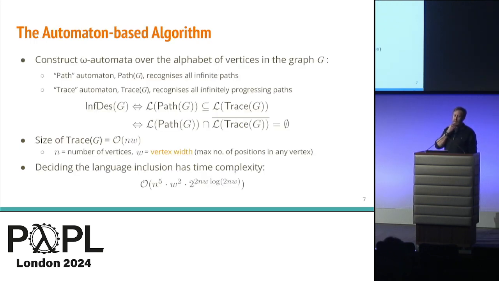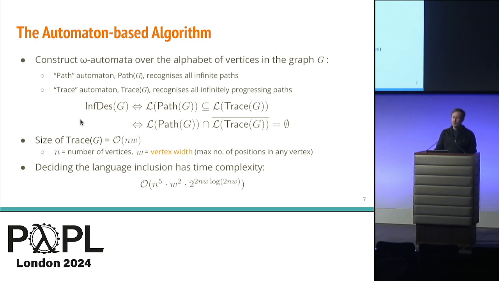The automaton-based algorithm constructs two Büchi automata which recognize infinite sequences consisting of vertices in the underlying sloped graph. So we have an automaton that we call a path automaton, and this recognizes all infinite paths in the graph. We have another automaton called the trace automaton, and this recognizes all such infinite paths that have an infinitely progressing trace of positions.